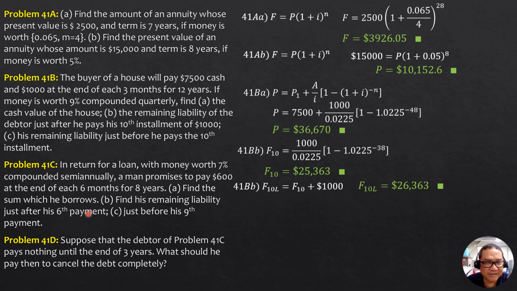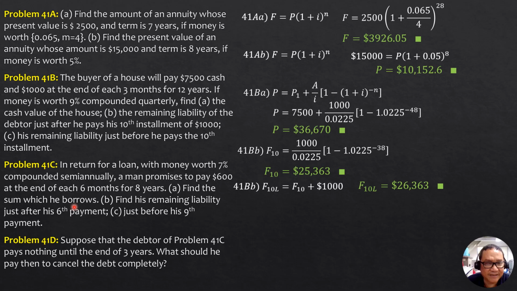So it is after the 6th payment. So it is the value at the 6th payment, F6, of the 7th up to, because the number of payments here is 2 times 8, 16.